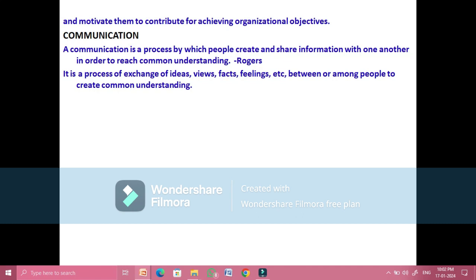According to Rogers, communication is the information which is shared or exchanged between people or with one another. So it is a process of exchange of ideas, views, opinions, facts, feelings, etc.